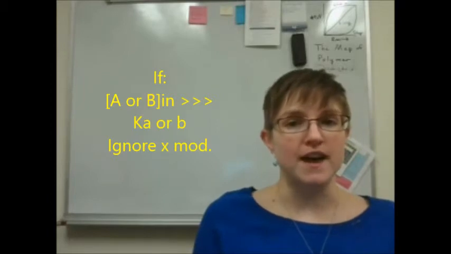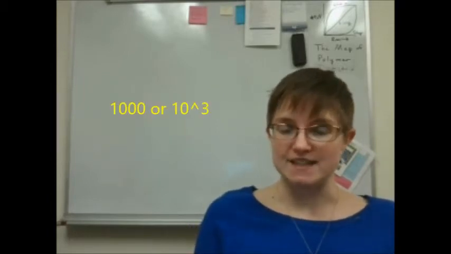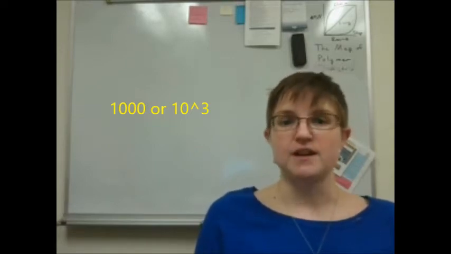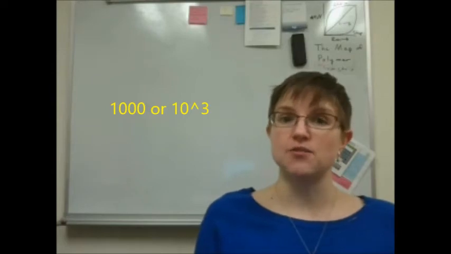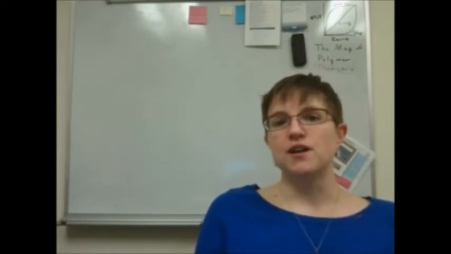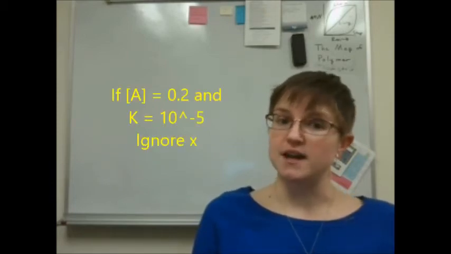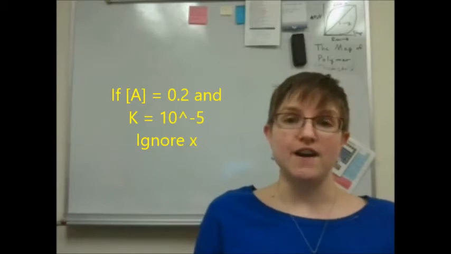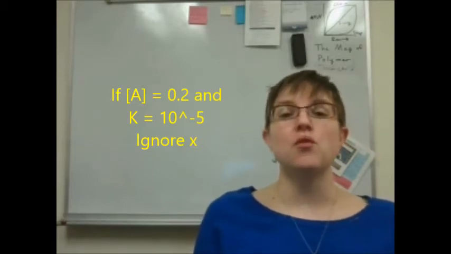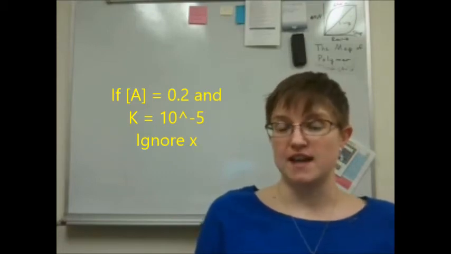And the rule of thumb for that is the initial concentration has to be at least 1,000 times larger than the K value, or 10 to the third difference in the orders of 10. So for instance, if your initial acid concentration was 0.2 molar, that's 10 to the minus 1, and the K value was 10 to the minus 5th, that's a 4 orders of 10 difference. You could ignore the X modification in that case.